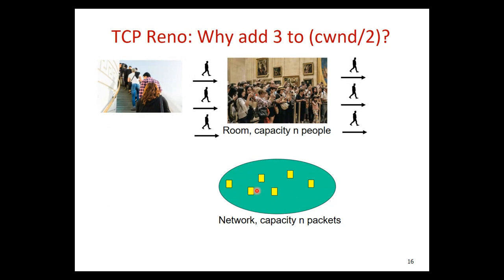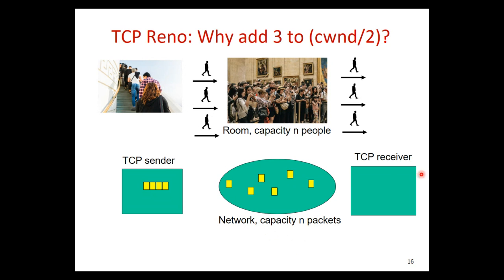They're inside the network, but the network has a capacity because if there are too many packets in the network, there will be congestion, right? We want to avoid the congestion. So you can mentally think that the network has a capacity of n packets. We don't want to exceed that capacity because that will cause congestion.